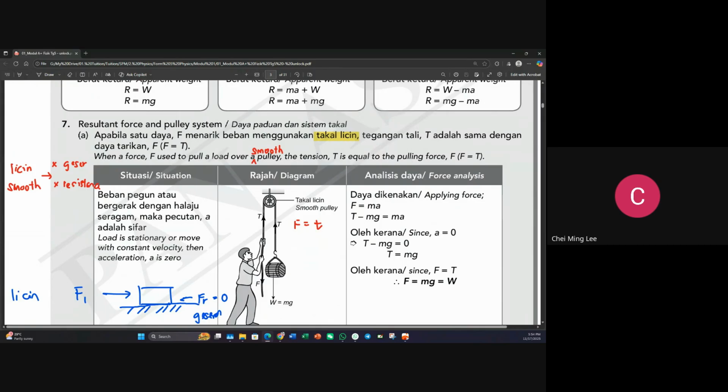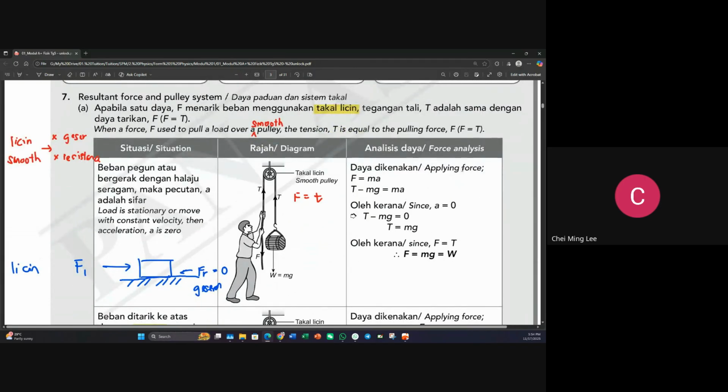Okay, so the tension T is equal to the pulling force, so F is equal to T. So the load is stationary. When the load is stationary or moves with constant velocity, your acceleration a is 0.